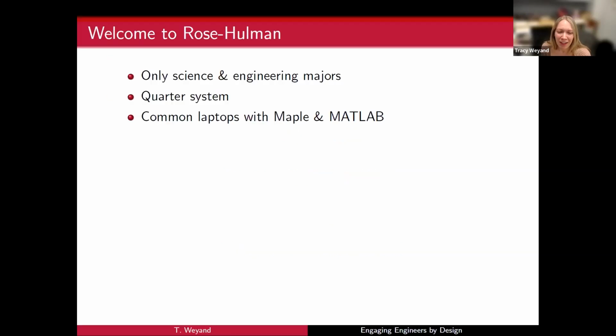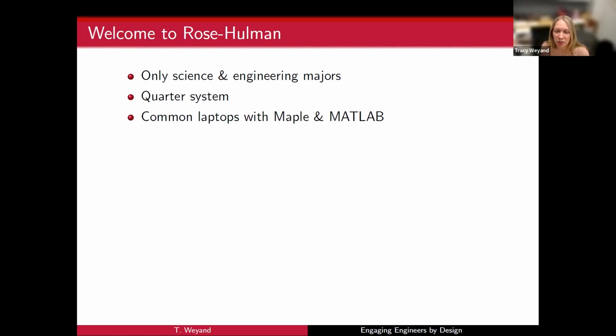Before some of my comments are going to make sense, I first want to introduce you to my school, to Rose-Hulman. We only offer science and engineering majors. So from that standpoint, my classroom is unique in that I know what classes they are going to be taking in the future, and I'm very familiar with lots of applications that they're going to be using this material in later on.